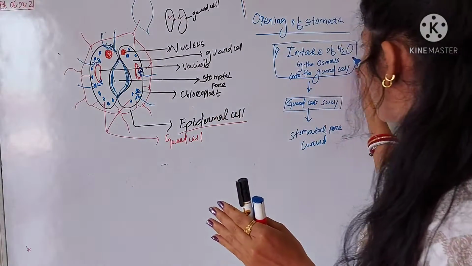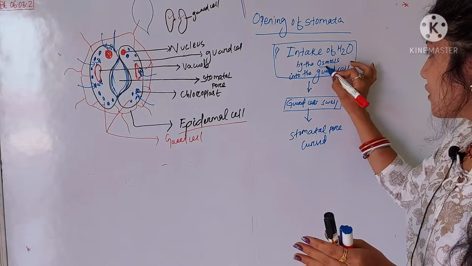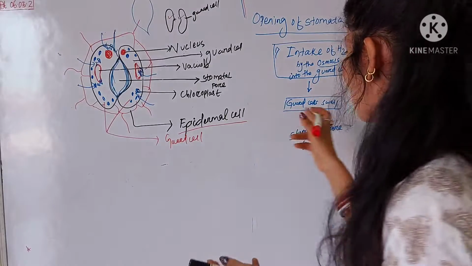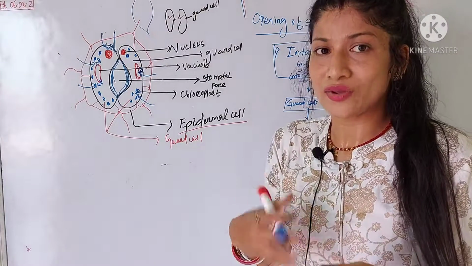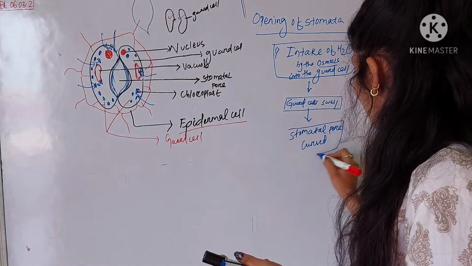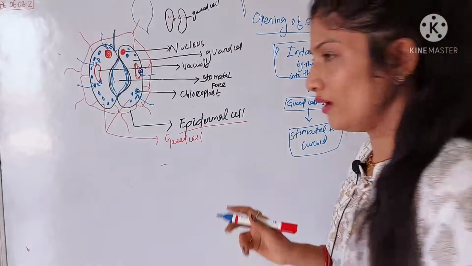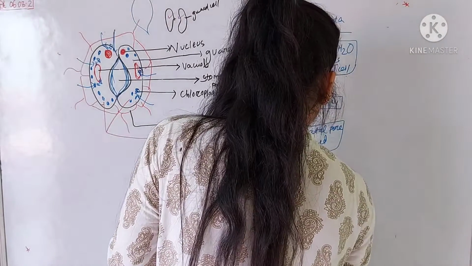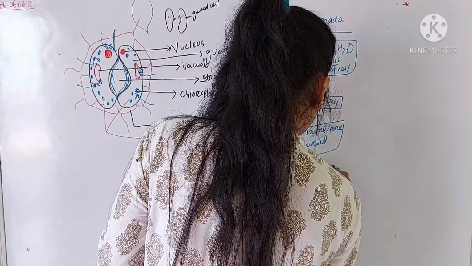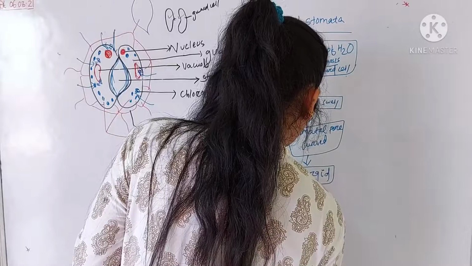Okay, so intake of water molecules by the process of osmosis into the guard cell. After entry of water molecules, swelling of the guard cell takes place. After that, the stomatal pore curves. Now it becomes turgid. Then opening of stomata takes place.